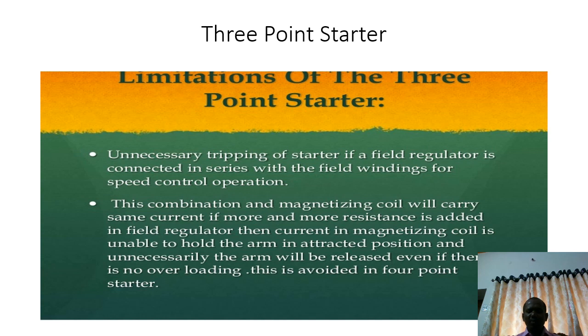If more and more resistance is added in the field regulator, then the current in the magnetizing coil is unable to hold the arm in the attracted position, and the arm will be released unnecessarily even if there is no overloading. This is avoided in the 4-point starter.